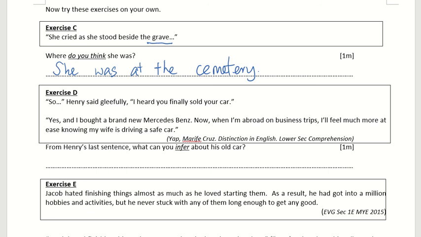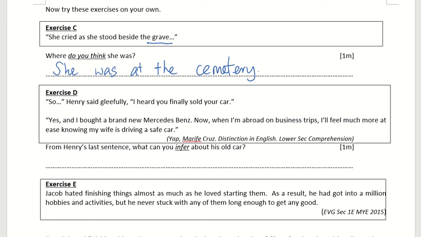Let's try the next exercise. Exercise D. Henry said gleefully, I heard you finally sold your car. Yes, and I bought a brand new Mercedes-Benz. Now when I'm on business trips, I feel much more at ease knowing my wife is driving a safe car. From Henry's last sentence, what can you infer about his old car?